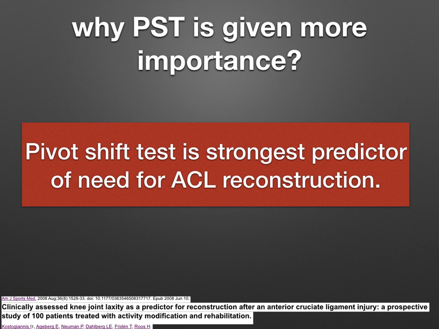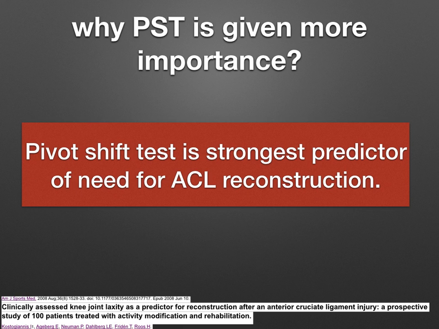The first reason is that the pivot shift test is the strongest predictor of need for ACL reconstruction. So whenever we are in confusion to decide either the patient requires an ACL reconstruction or doesn't require an ACL reconstruction, pivot shift test can be used as a rescue or a deciding factor.